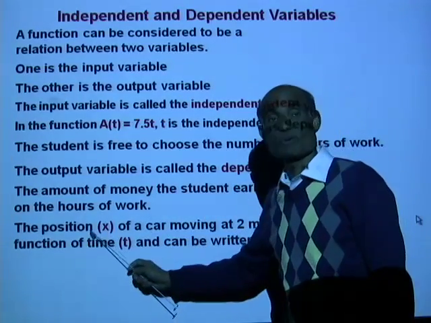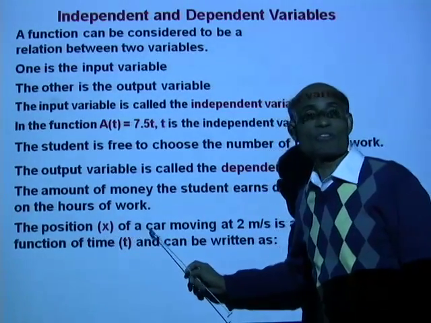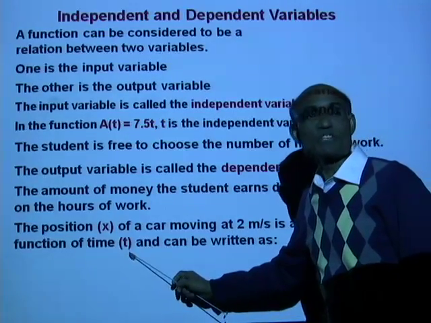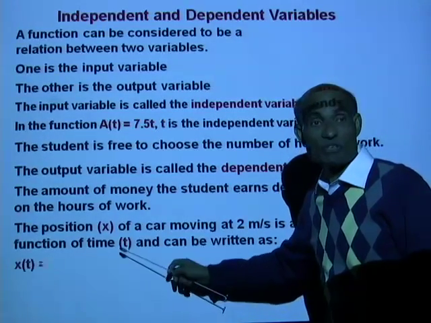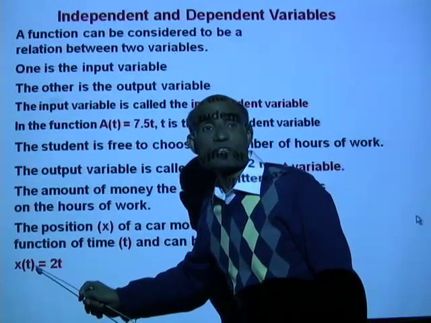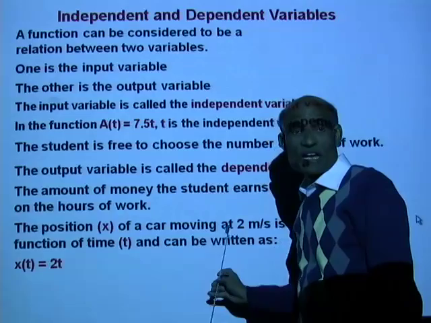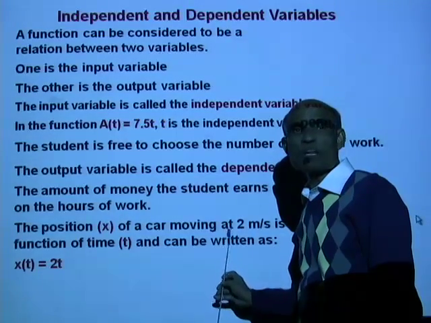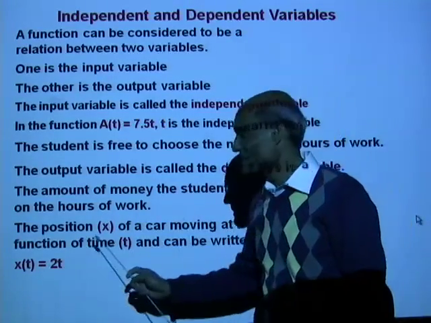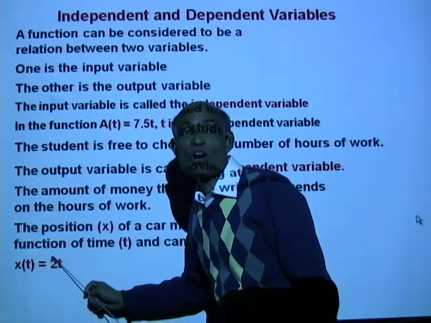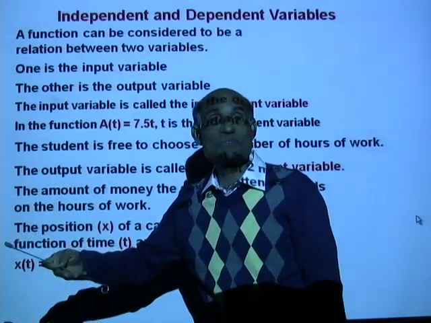Look at another example. The position x of a car moving at 2 meters per second is a function of time, and we can write it like this: x of t equal to 2t. The car is moving at a constant speed of 2 meters per second. That means every second the position of the car will change by 2 meters.